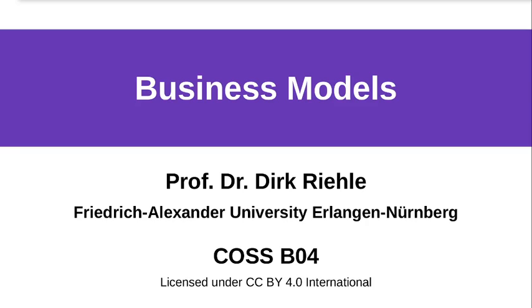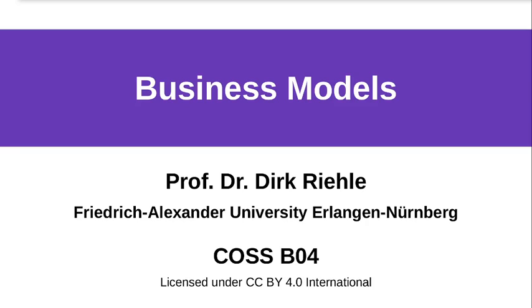This is the fourth lecture in the first of three parts of the lectures of this course about software businesses in general. We previously discussed the software industry, what software products are, and how software vendors, one particular player in the industry, function.